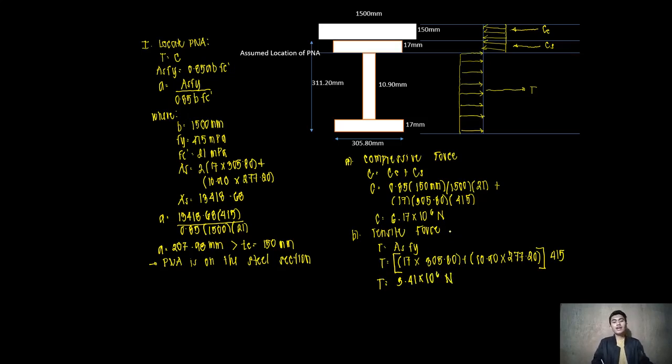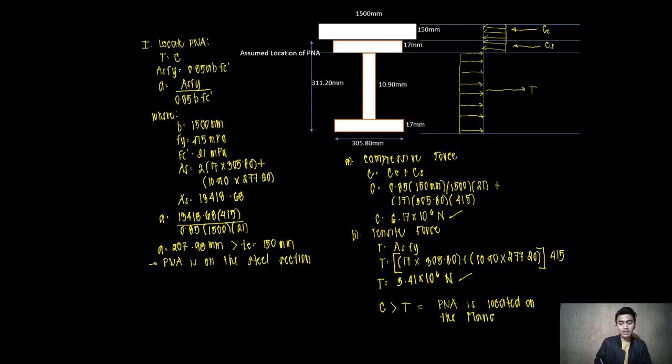Now compare the value for the compressive force and the tensile force. The compressive force is greater than the tensile force, which means that the plastic neutral axis is located on the flange.